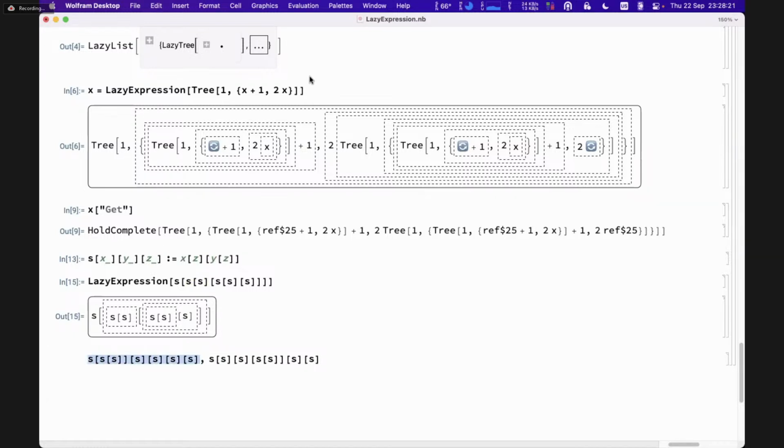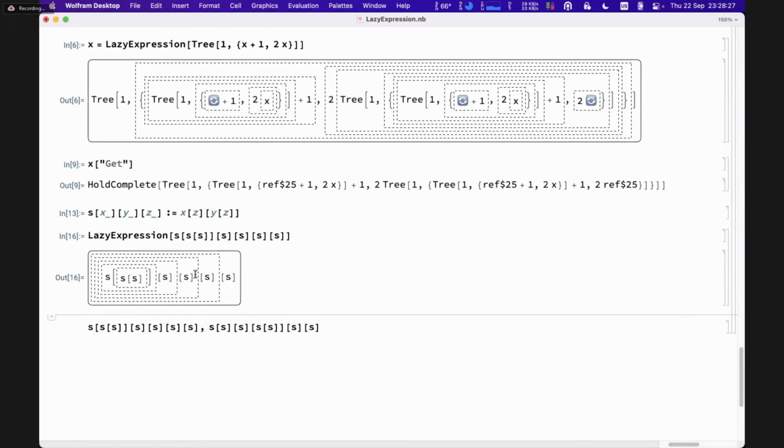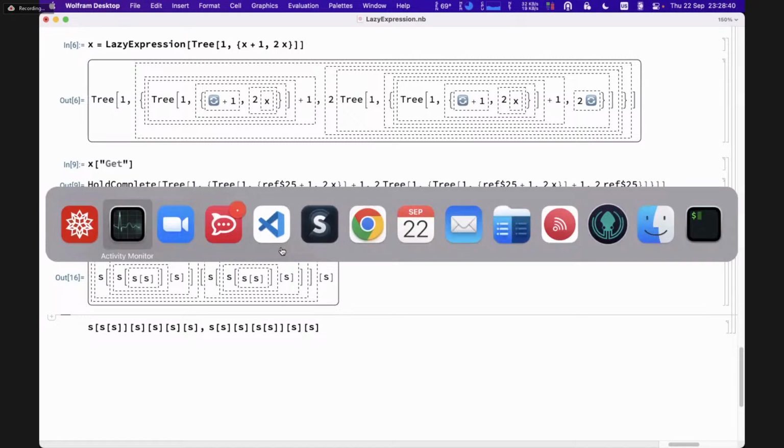Let's take the first one of those. Okay, that should be a non-terminating thing. Wow. What's that? Oh, it died. What died? It goes into an infinite loop again.